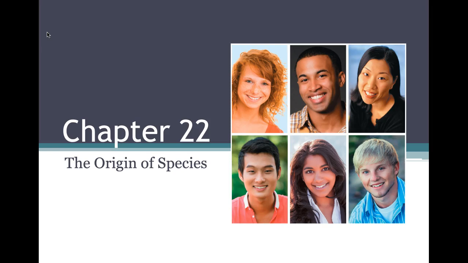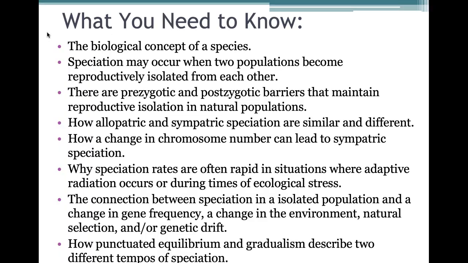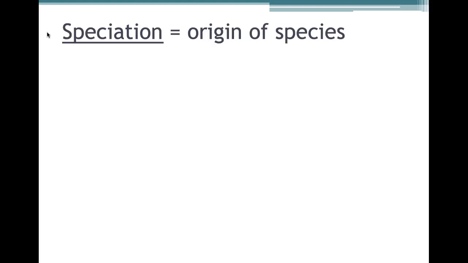Chapter 22, The Origin of Species. Chapter 22 is about the origin of species, which is speciation.